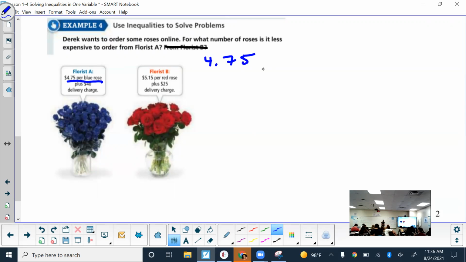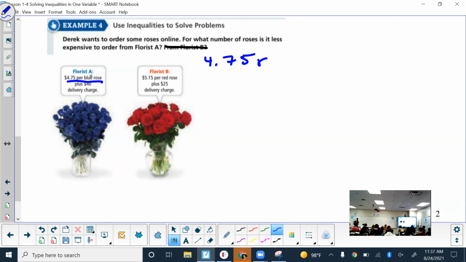Do we know how many roses there are? No, that's what we're trying to figure out. So we can put an X. I'm going to put an R for roses, just because I use X a lot. But it doesn't matter what the variable is. So that's the $4.75 per rose.